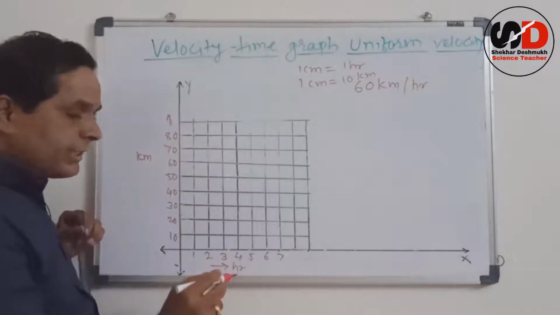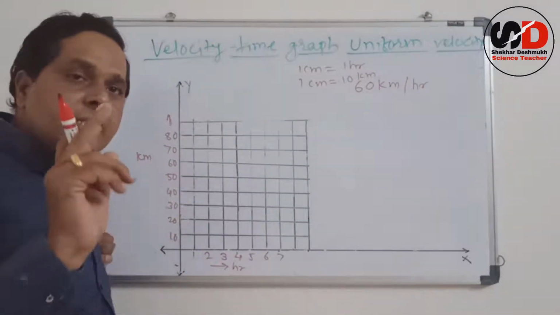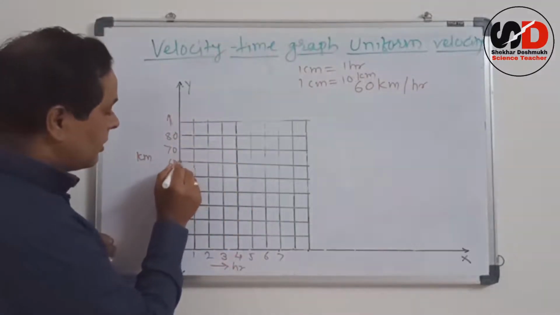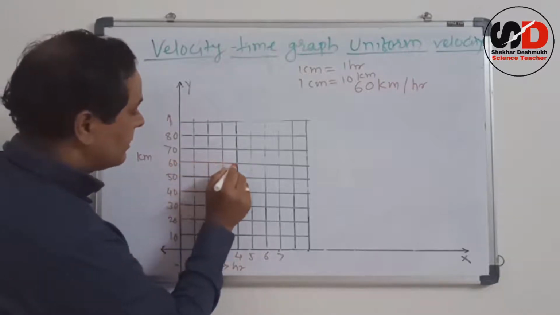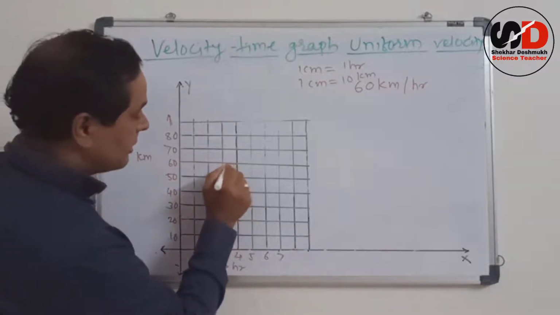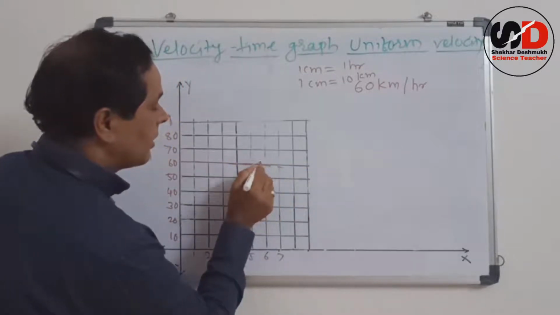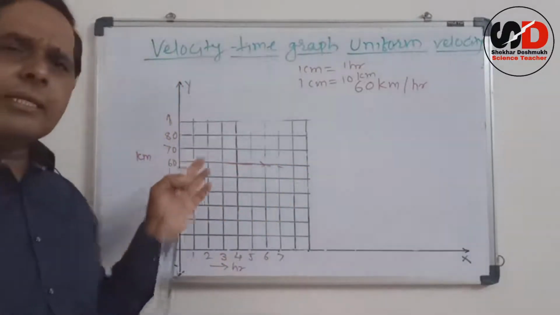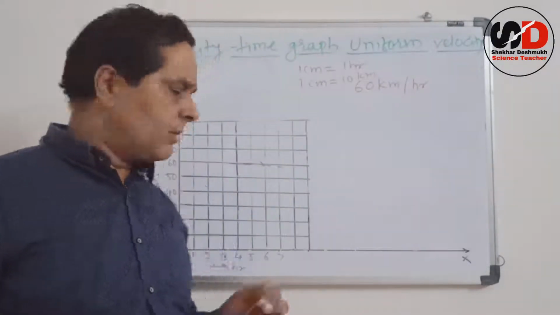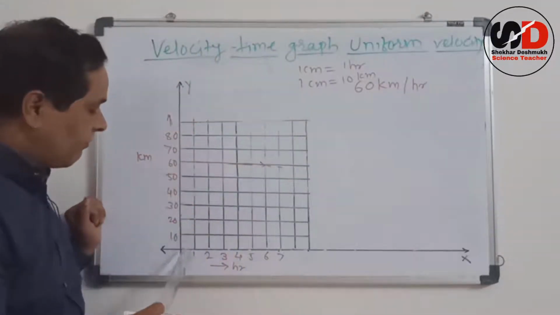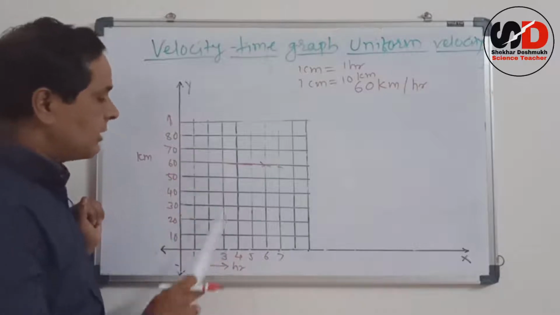So the train is traveling with a constant speed of 60 kilometers per hour. So the readings are in this way for 5 hours. So the graph is in this way. It is a straight line graph. Here 60, first hour 60, second hour 60, third hour 60.